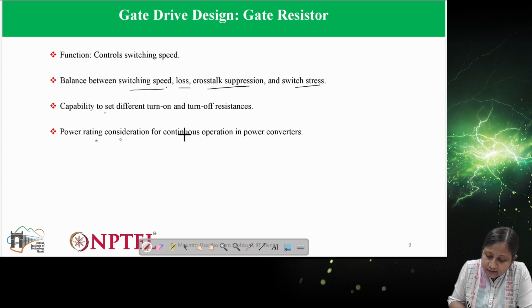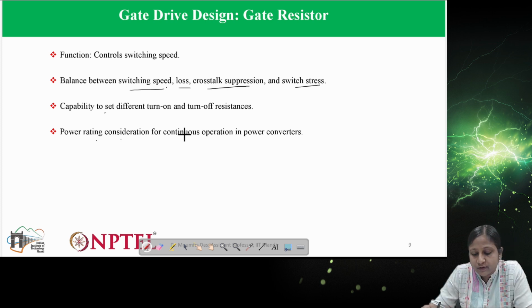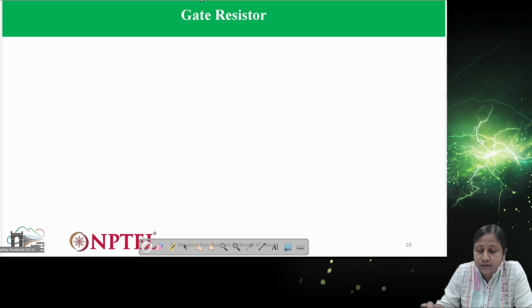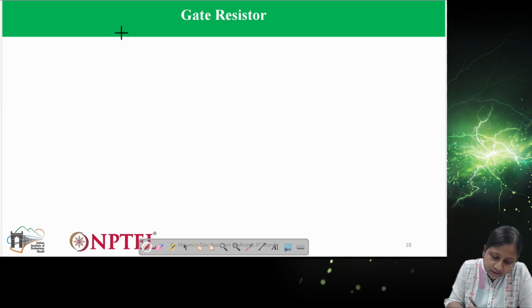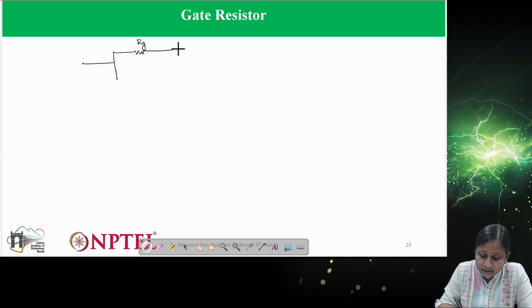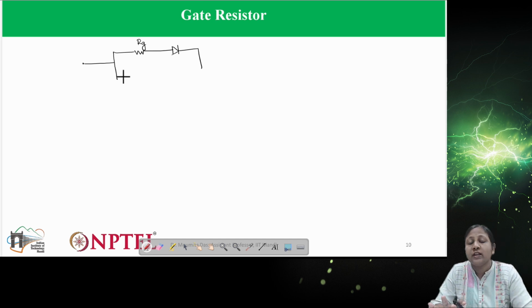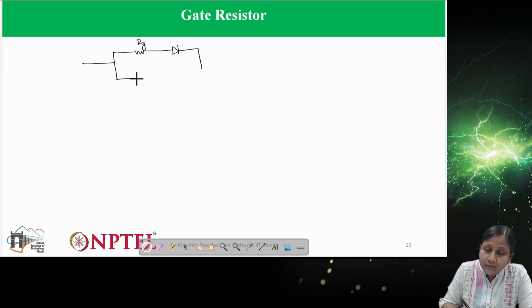The power rating consideration for continuous operation in power converters is required. Basically the power rating depends, obviously, on the power converter rating. Now if we have different gate resistances, during the turn on we can have a resistance, let's say Rg, which you have already seen. This will be connected in series with a diode so that it provides a path only for the turn on time. Similarly we can have another resistance which we denote as Rg dash.